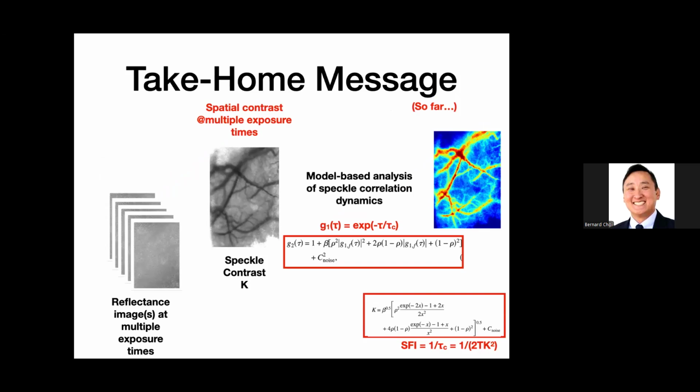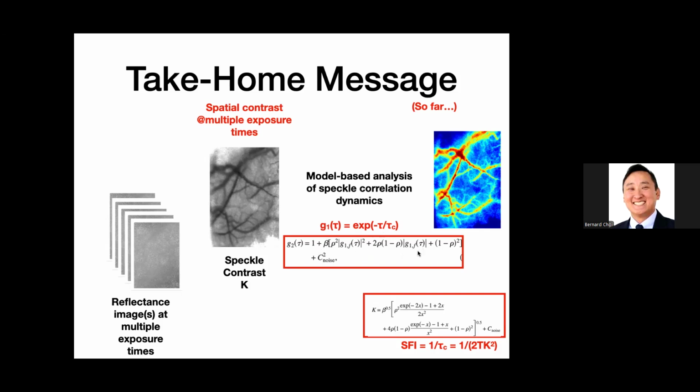Okay. So the take home message then is we need a bunch of images. We take these at different exposure times. Now we get spatial contrast at multiple exposure times. That's the difference here now. The G1, G2 equations: the G1 equation is the same. We're assuming that the dynamics for the electric field in a dynamic region are the same, but now we're adding the static component in.